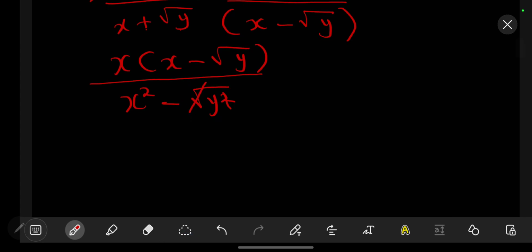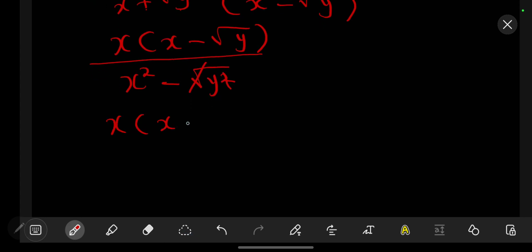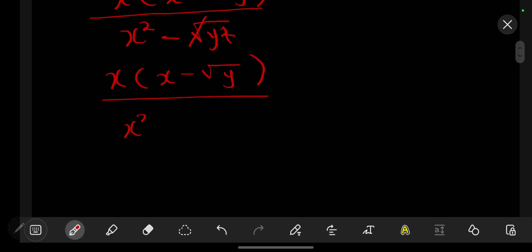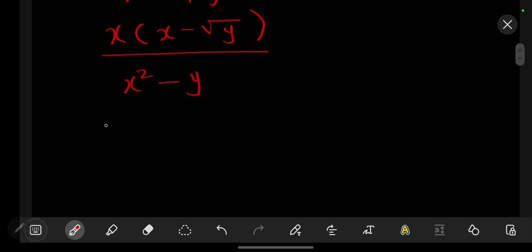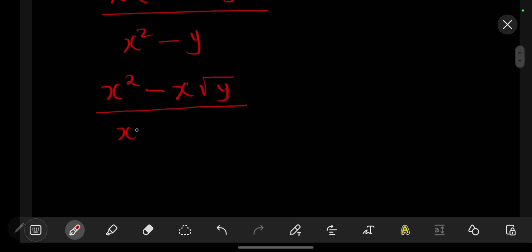So we have x, open brackets, x minus the square root of y over x squared minus, here we are remaining with what is inside. So we multiply now the x, which will be x squared minus, that's x times negative root of y, it will be minus x square root of y over x squared minus y, like that. So this means to say you have rationalized the denominator.